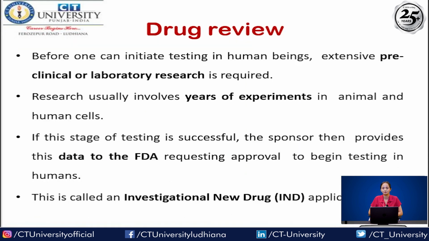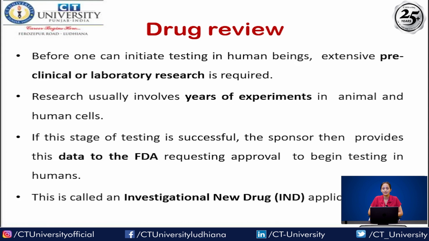For drug review, before one initiates testing in humans, extensive preclinical or laboratory research is required. This research usually involves years of experiments in animals as well as on human cells. If this stage of testing is successful, then the sponsor will provide the data to the FDA and request approval to test in human volunteers.